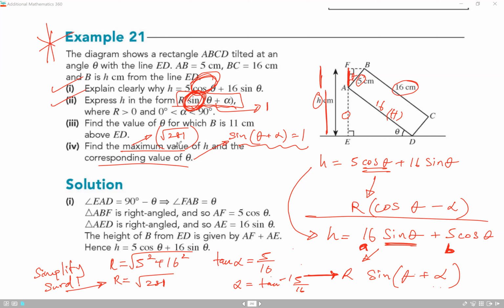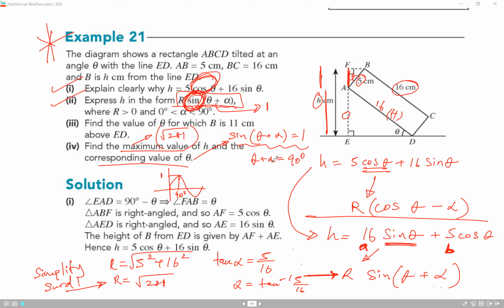And you know this plus this must be equal to 90 degrees. There's only one answer because the sine curve is only at its maximum at only one point, at 90 degrees.